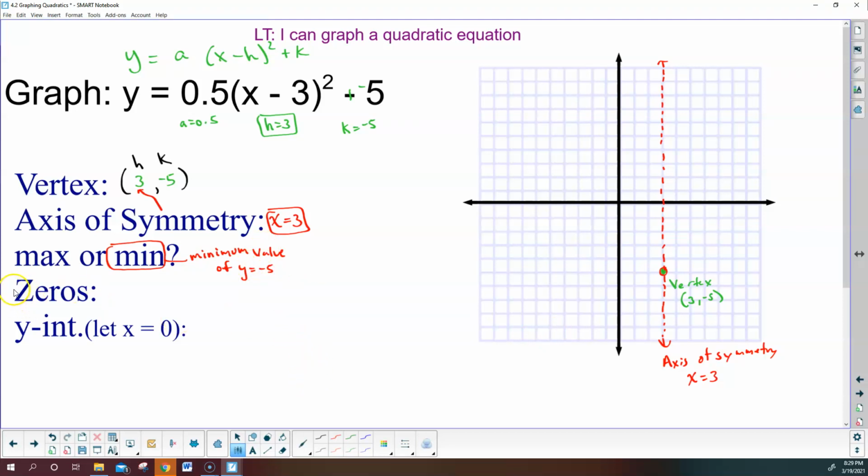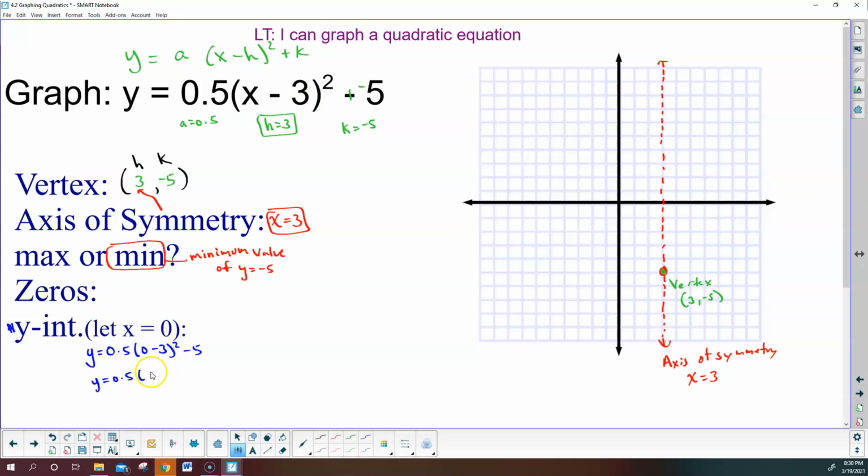Now, I will talk about the zeros in a second. Those aren't super important for this graph. What I would like to do is find one other point on this graph so I can reflect it over. And a lot of times, it's the y value that is the friendliest for us to pick. So let's let x equal 0. And I'm going to plug 0 into that equation. Notice I plugged it into the original equation. And then we're going to simplify.